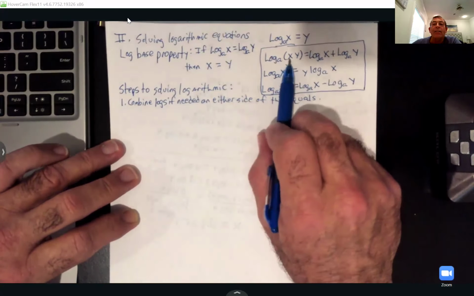Because y'all remember, this x and y up here, those are the results. The bases are the a, okay? So set the results equal to each other, then solve for that variable.